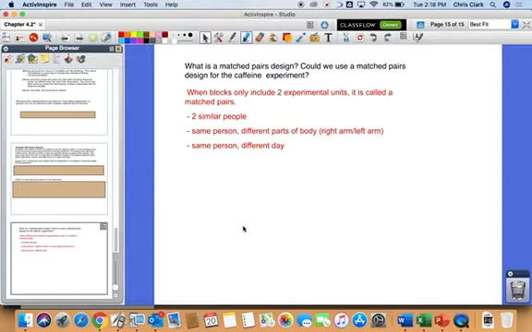Okay, why would that be helpful? Different gymnasts might work harder. Okay, why do I have to randomize which hand it's on? One hand might be more dominant than the other. Okay, so that's a great way to use matched pairs design to see the best. That's actually as close as we can get.